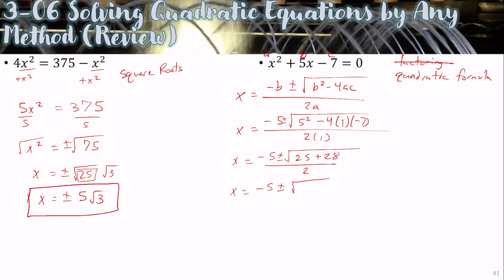So that gives us 53. And can we simplify the square root of 53? Nope. So there we go. And you can plug that in with your calculator to check your answer.